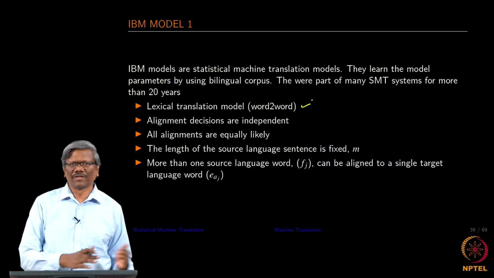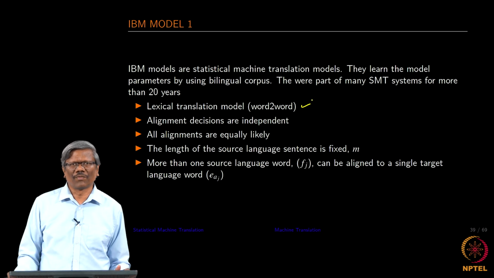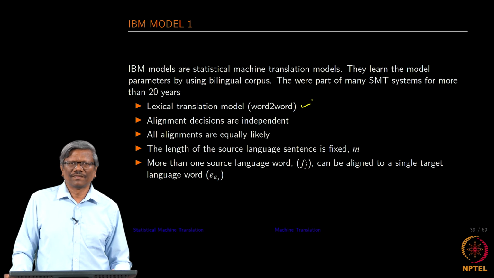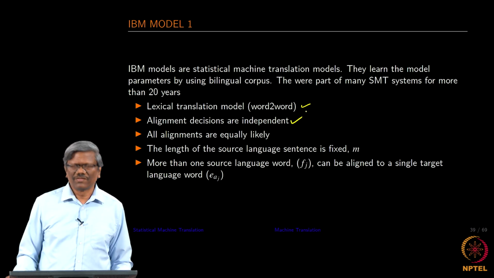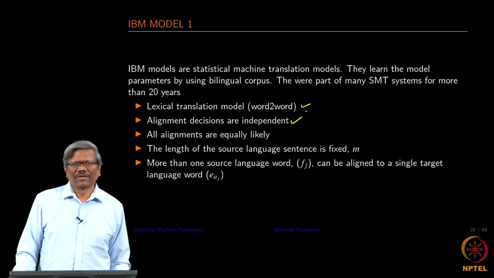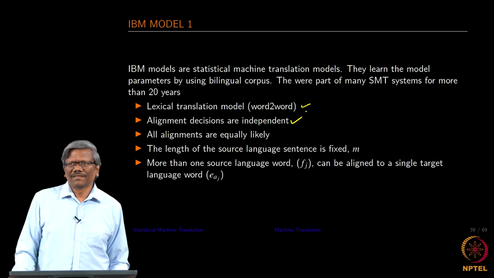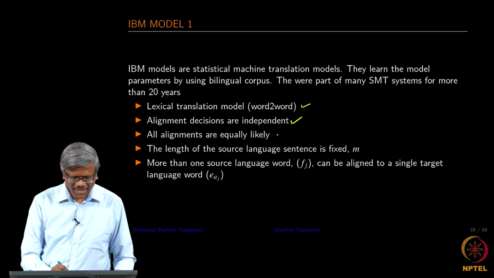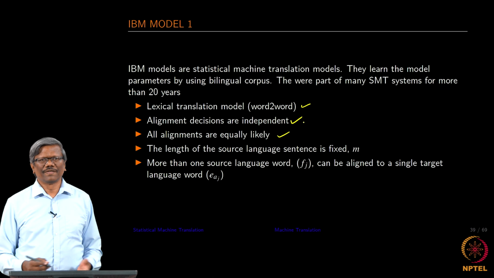It does not depend on the previous word or the next word, so it does not have any contextual knowledge. That is why these decisions are independent, and all alignments are equally likely. Since it is going to be computing the alignments, it has to start from somewhere, so it thinks that every alignment is possible. That is where it starts.